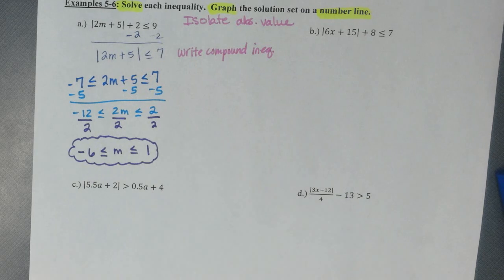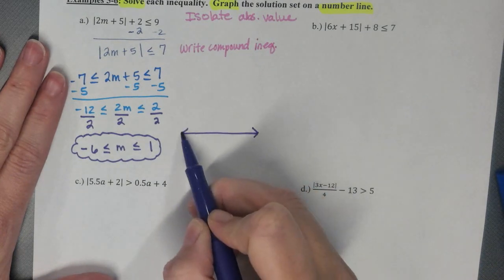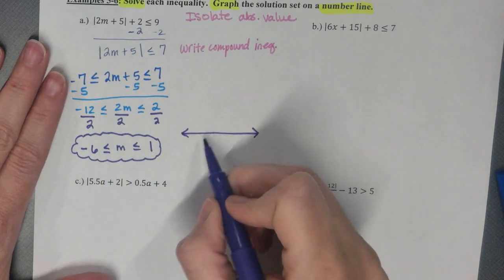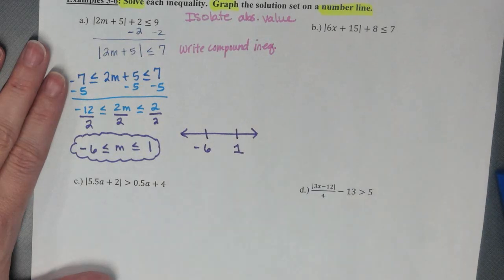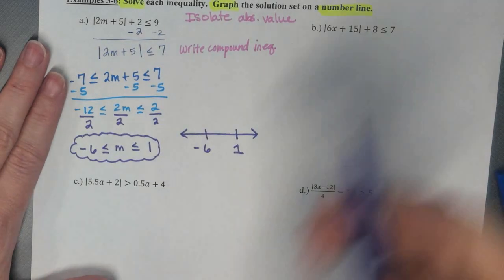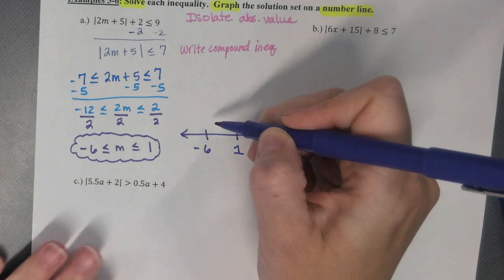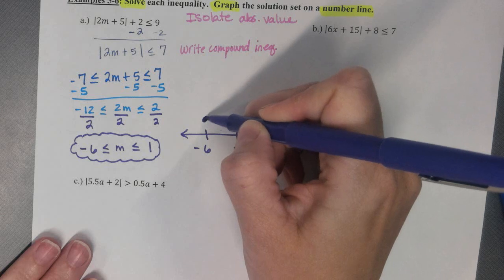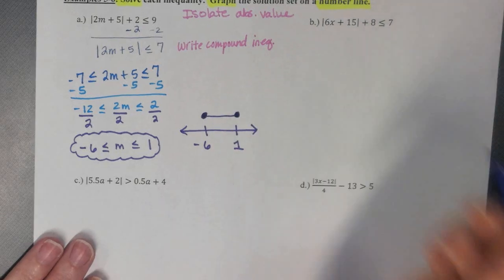So yes, that's going to be a solution. Now we can do the number line. When you have these two values, I'm fine if you do negative 6 and then 1 here. If you have the equal to, what does that mean? Closed circles. So closed circles for equal to, open if there's no equal to.